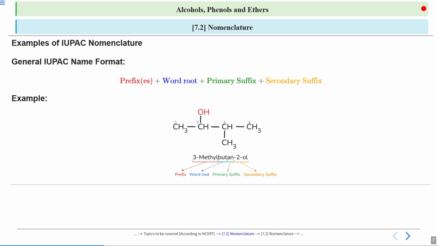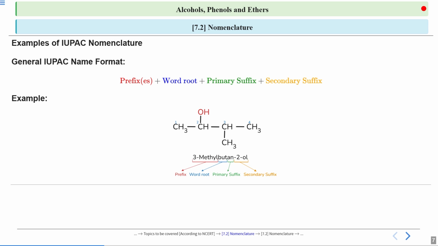This is the example. We have a 4 carbon parent chain. You can see we have done the numbering, and the lowest possible number is given to the carbon attached to the OH group, that is 2. So at the second carbon we have OH, and at the third carbon we have a methyl group as a substituent. So you can name this compound as 3-methyl butane 2-ol.